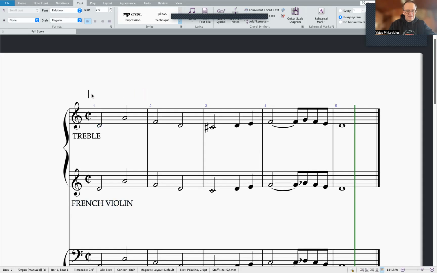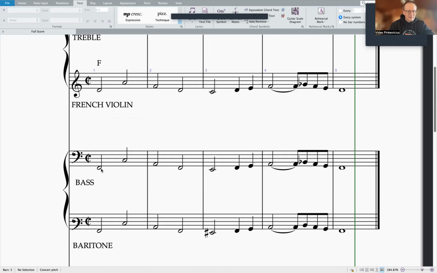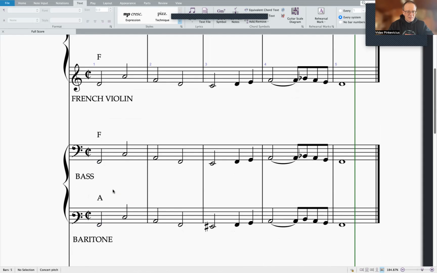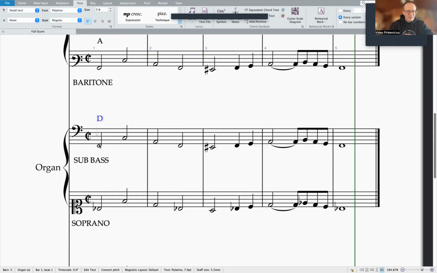Let's call it, this is D. The first note starting D. The second is F. F also. A. And then D. B. B flat in this case.